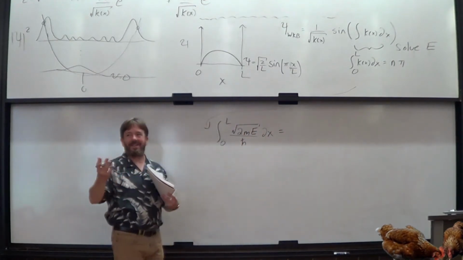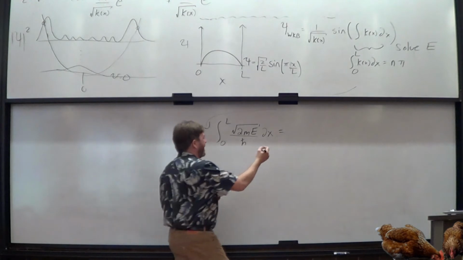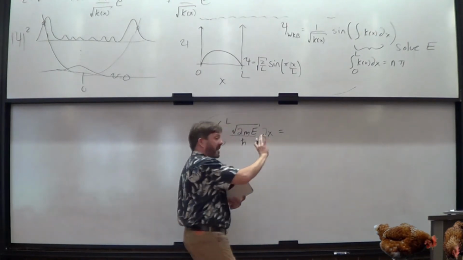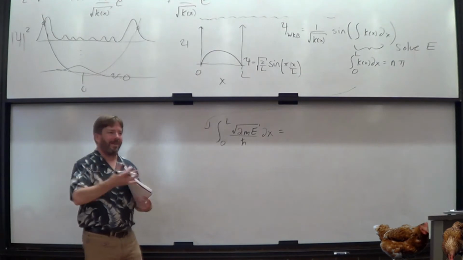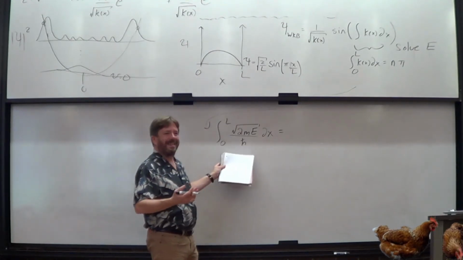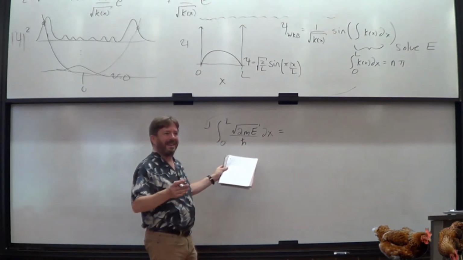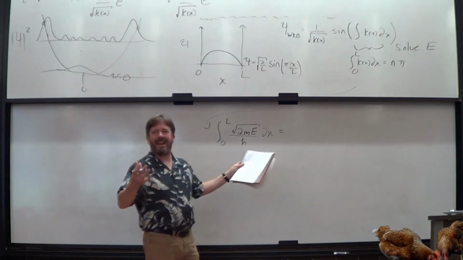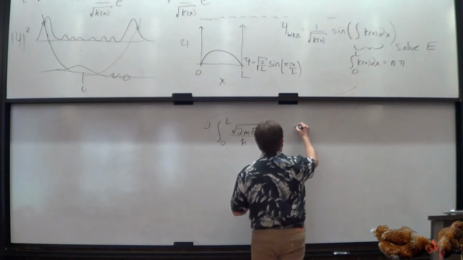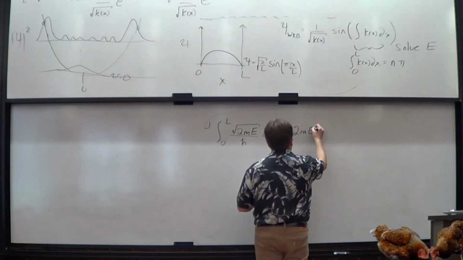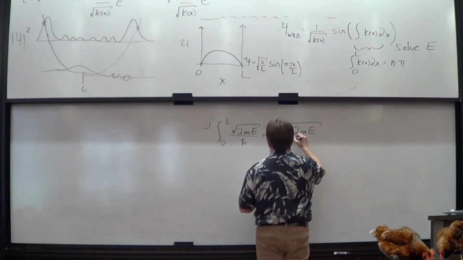This is real easy, right? Let me integrate this and set it equal to n pi, just like I did up there. Okay, what is this? It's just x, upper minus lower. It's just square root of 2mE over h bar, times L, is equal to n pi. Remember that the V isn't there because the V is 0.